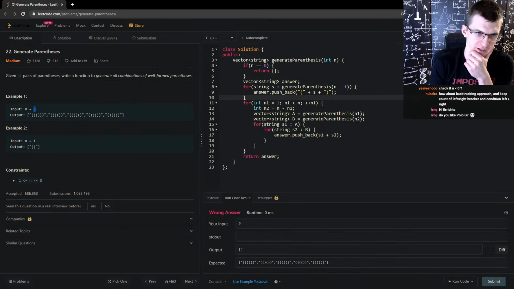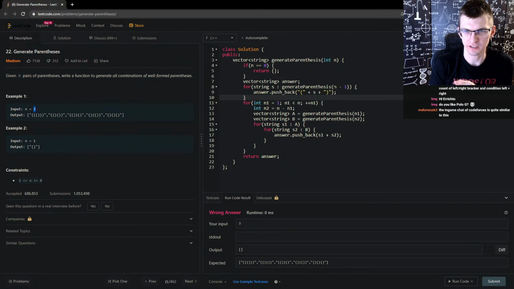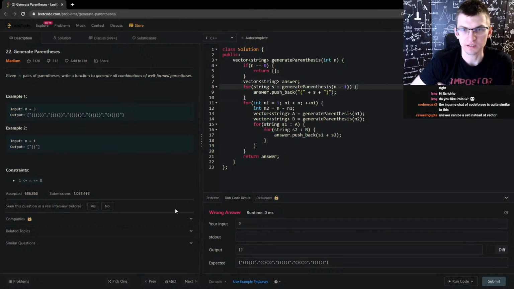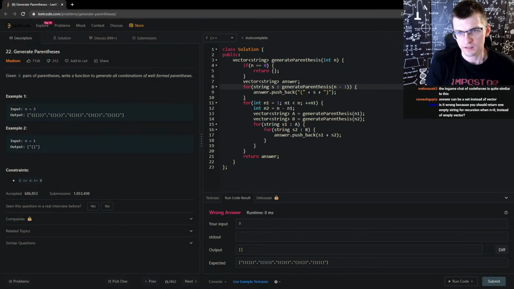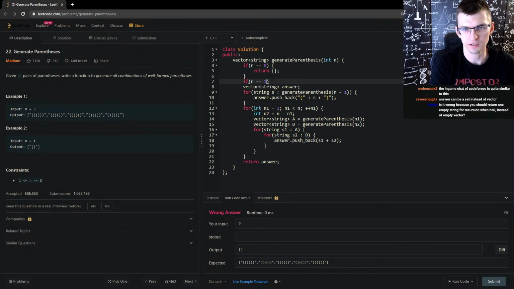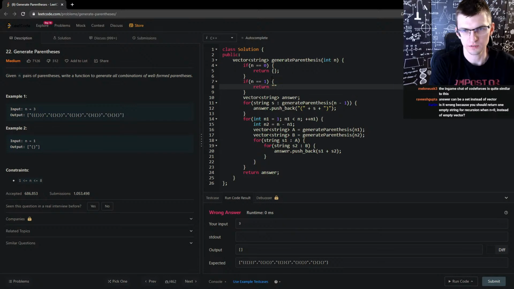Like if I'm given 3, I want 3 pairs, then I get down to 2 pairs. Output empty, expected this. And yeah, I think it's a little bit better to go with an empty string here, or to say if n is 1, return at least this. So we could start with something.